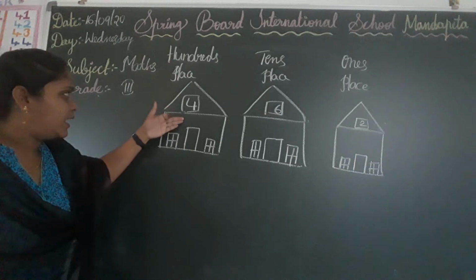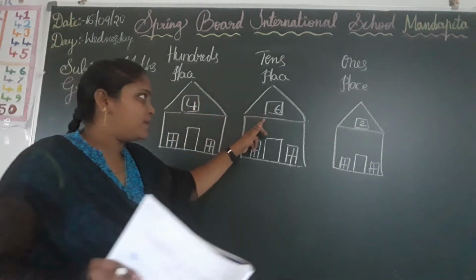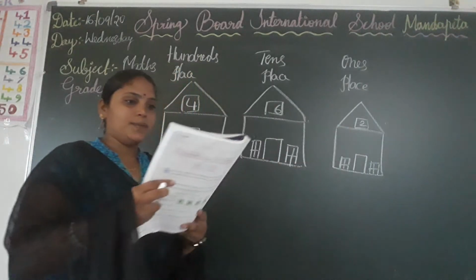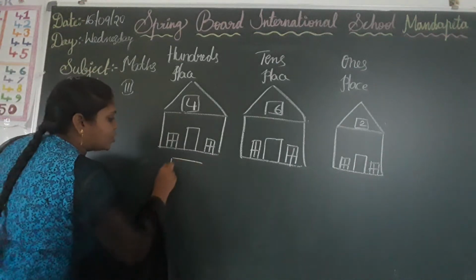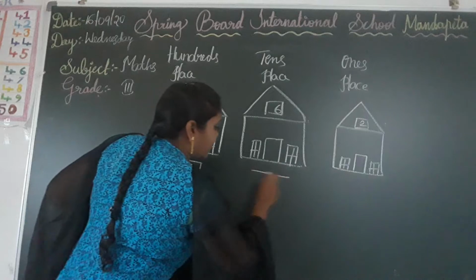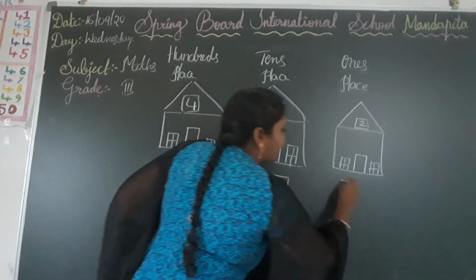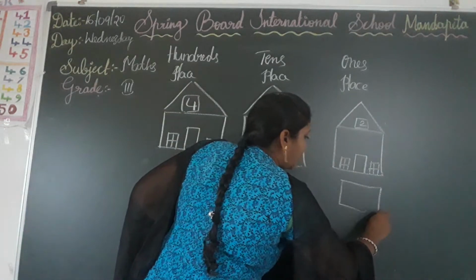So in the hundreds place 4, in the tens place 6 and in the ones place 2. Here we have to write the place values for each house. Okay children, here we have to write the place values for each house.